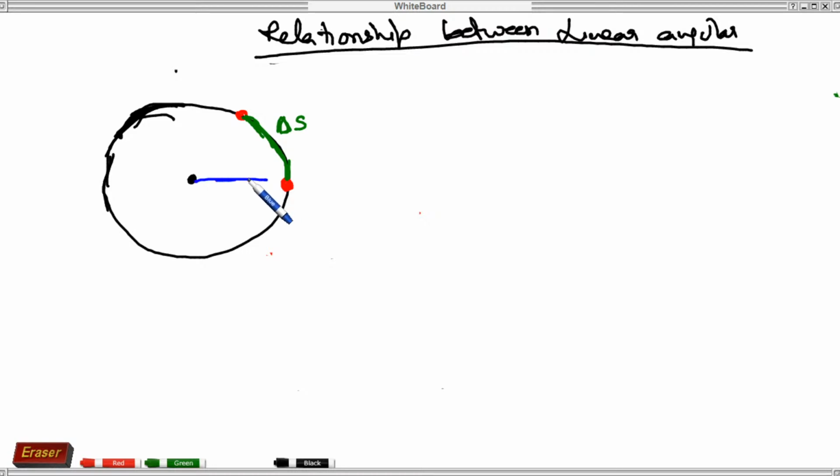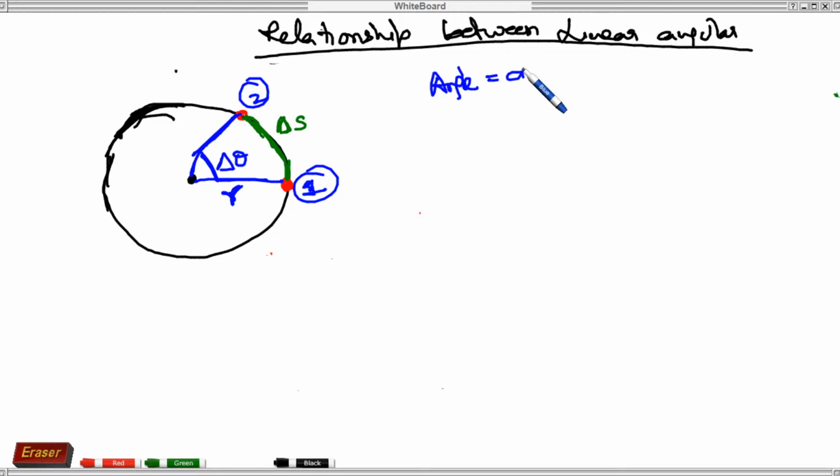Suppose it moved from this point to this point through an angle delta theta, and suppose the radius of this circle is r. We know that angle is equal to arc over radius.